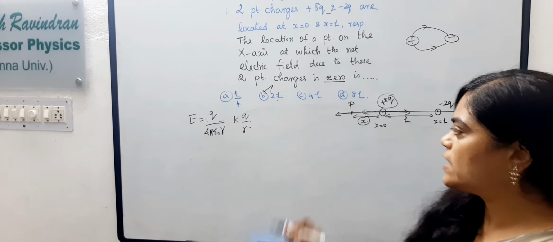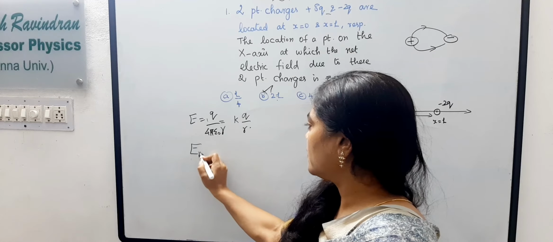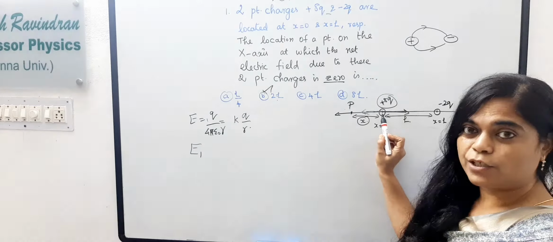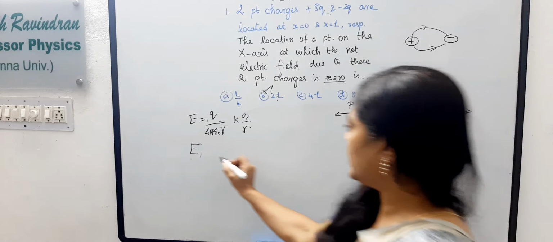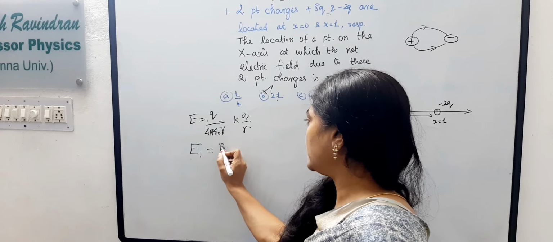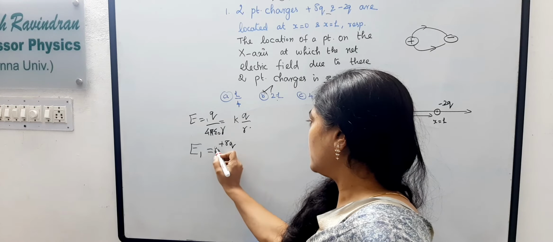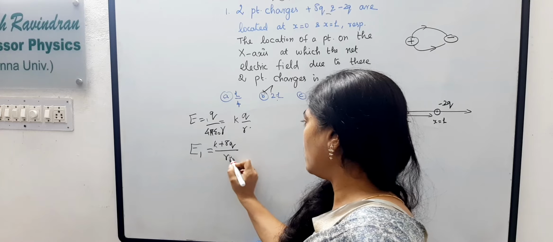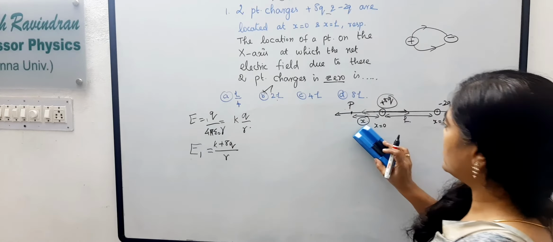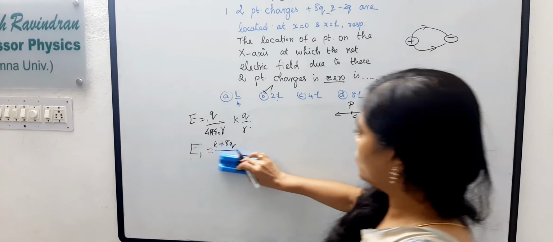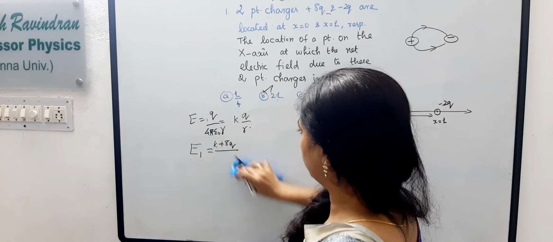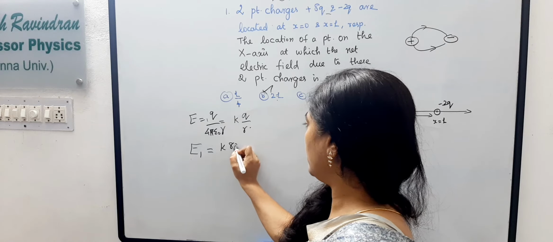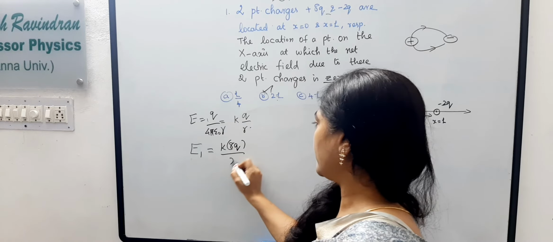What is E1? E1 is the electric field due to the plus 8q charge on the point P. So, instead of Q, it is plus 8q, into K by R squared. What is R here? R is x, right? So, K into 8q by x squared.